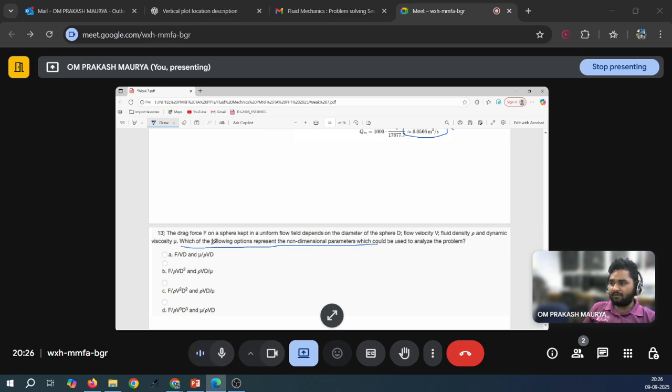So you have the drag force F on a sphere in a uniform flow field, which depends on the diameter of the sphere d, the flow velocity v, fluid density rho, and dynamic viscosity mu.